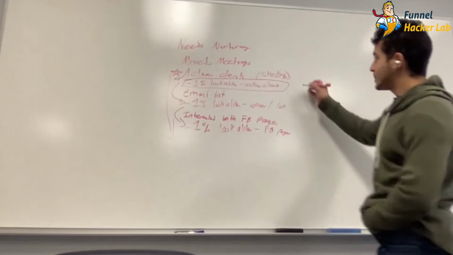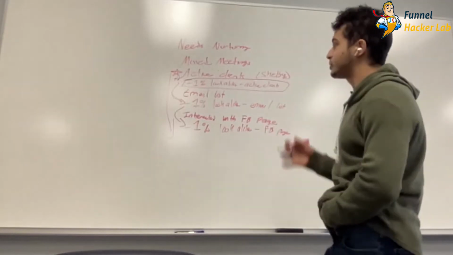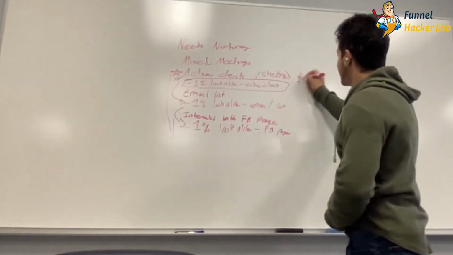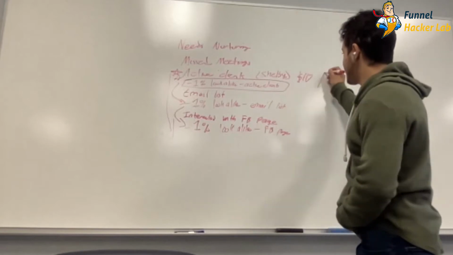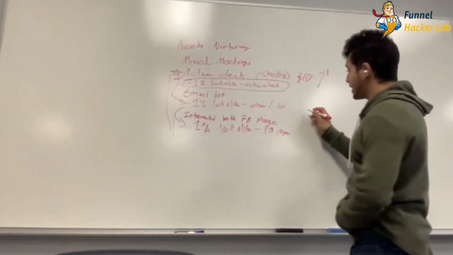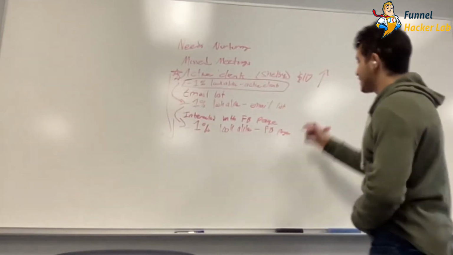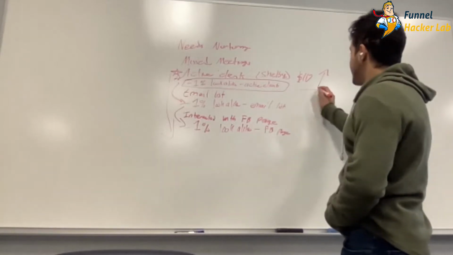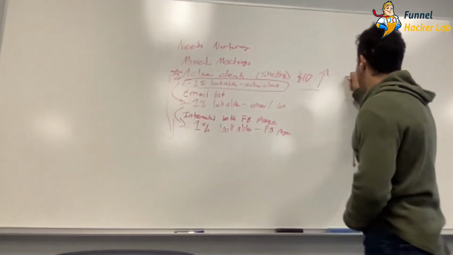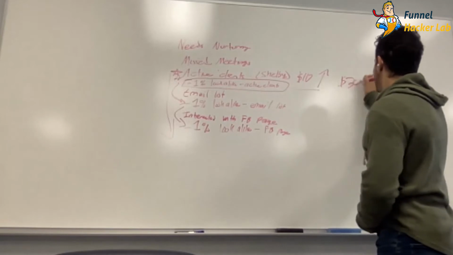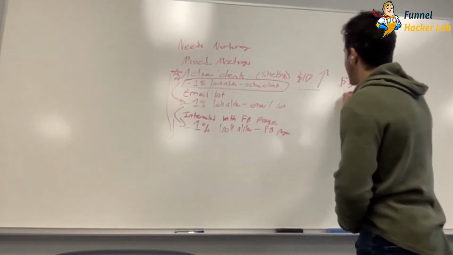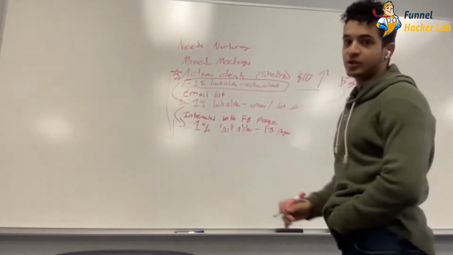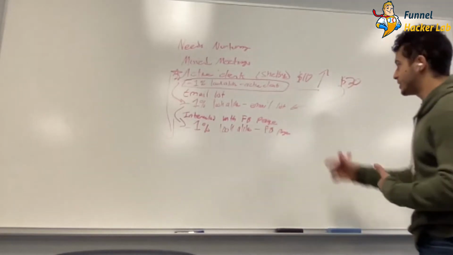Maybe your standard cost per schedule is like $10, but you see it increasing, maybe now it's like $30 per schedule. Then you're going to want to start to use this one and see what you can do with that, just so you can retrain the pixel a little bit.